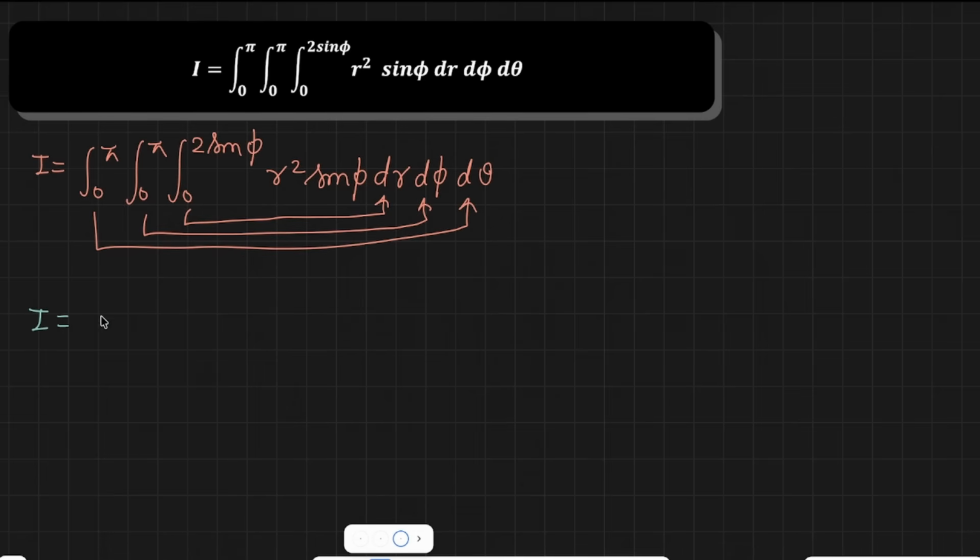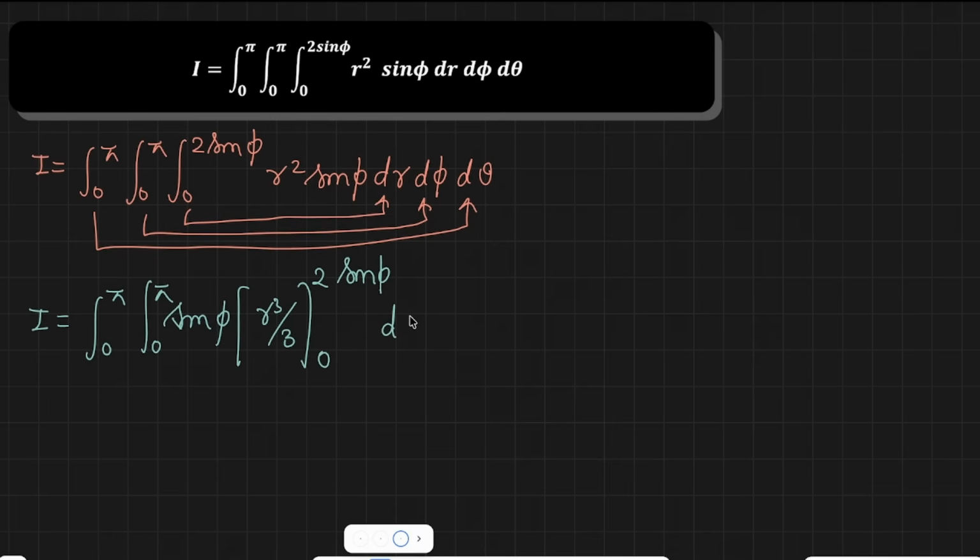When you integrate with respect to r, these other limits will be constant as they are. Sine phi will be constant. So when you integrate with respect to r, it will be r cube by 3, and the limit of r is 0 to 2 sine phi, and this is your d phi d theta.